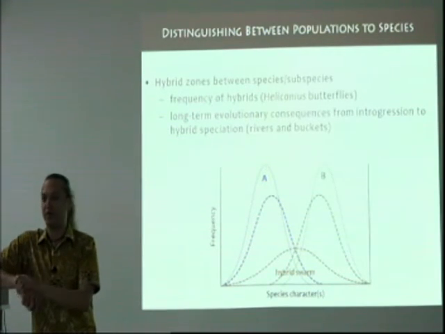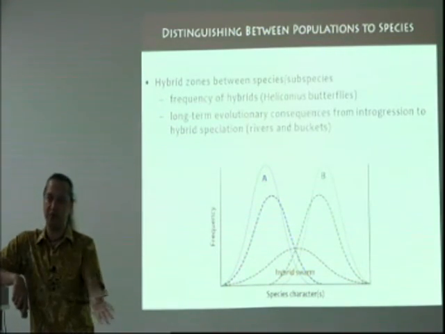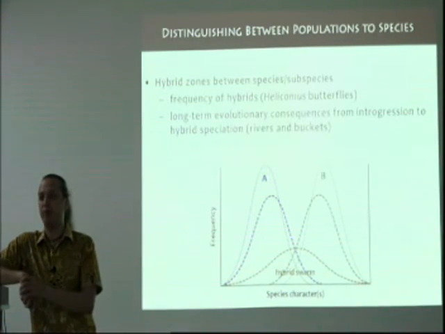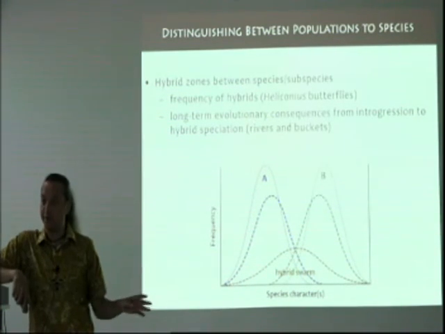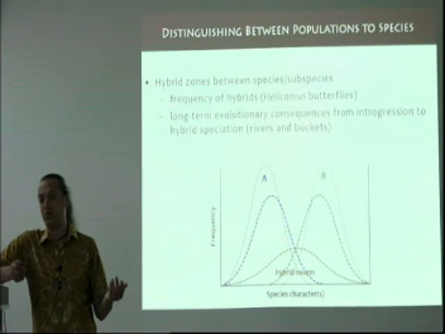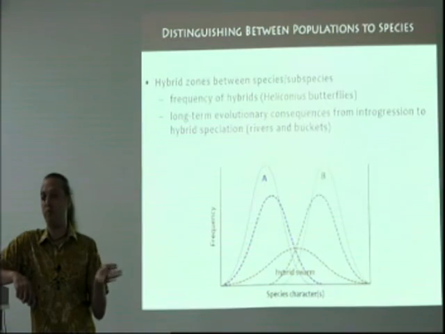You might find different answers in different systems. In some species hybrids, you might find that the hybrid population feeds on something completely different. You might find situations where the hybrids feed on nothing and they just die, and you might find situations where the hybrids don't mind this or that host plant. So there is no general pattern there.